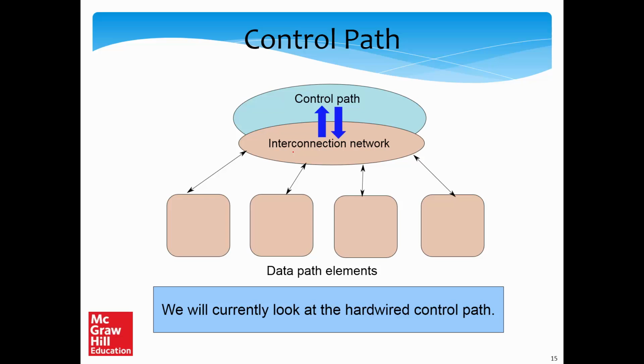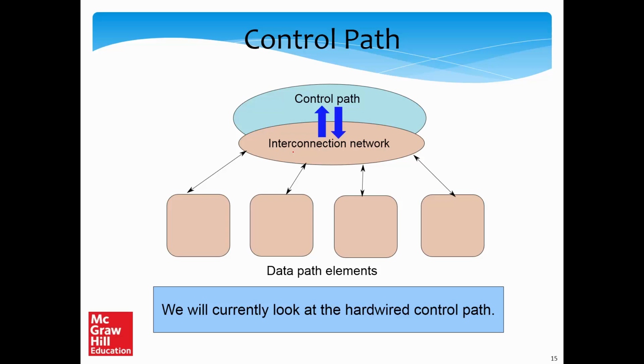So currently we are looking at what's called a hardwired control path, in the sense that the control path is fixed. It is made in silicon and it cannot be changed, so that staticness is there, it cannot be modified.